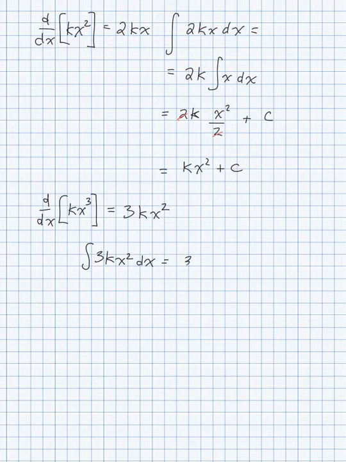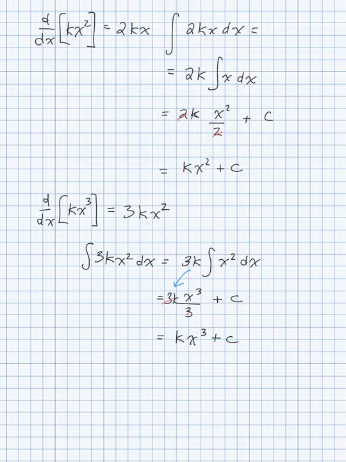Again, I can pull the constant outside of the integral, and so I'm left with x squared dx. When we integrate x squared, I have x cubed over 3 plus the constant of integration. And I have to remember to keep this 3k. So again, the 3's will cancel, and we have kx cubed plus c.